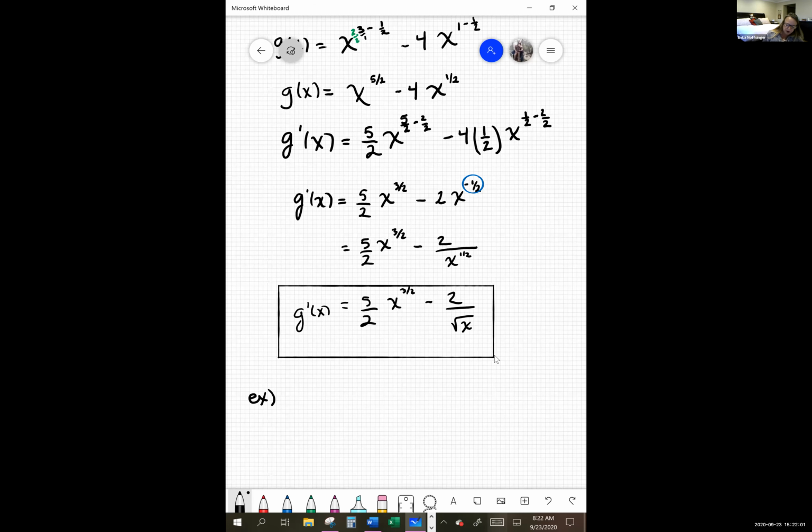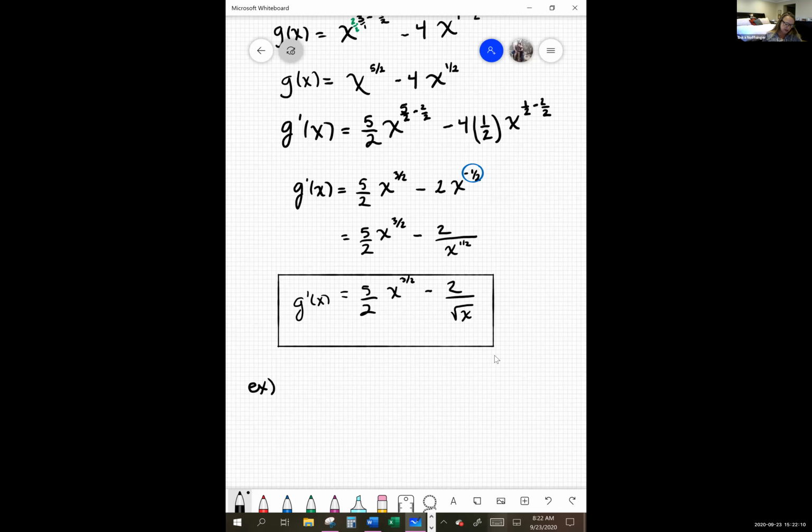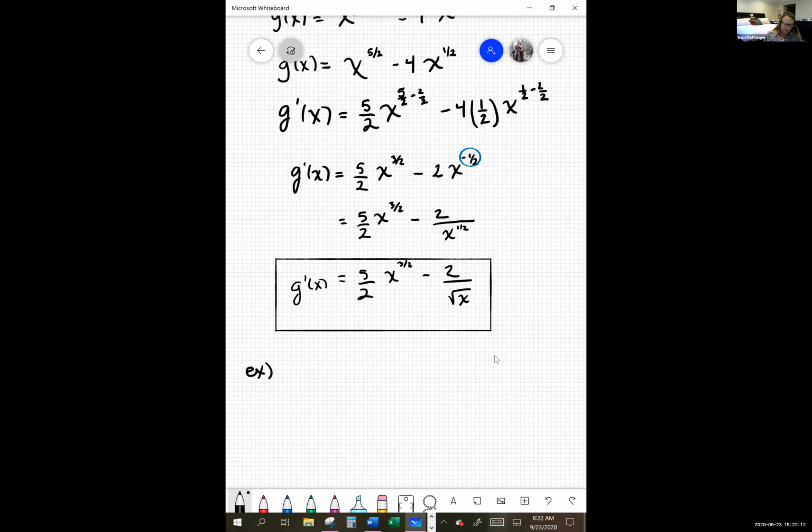So a lot of the problems in this section is being able to manipulate this so we can get it in the form so we can use that general power rule. If you had x squared minus 1, and then that's all in parentheses, and then that quantity is cubed.